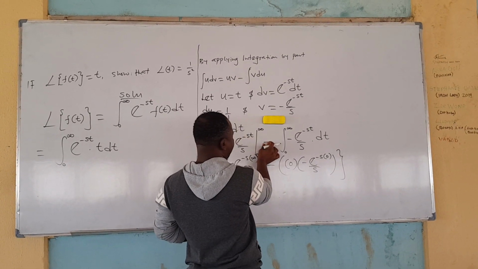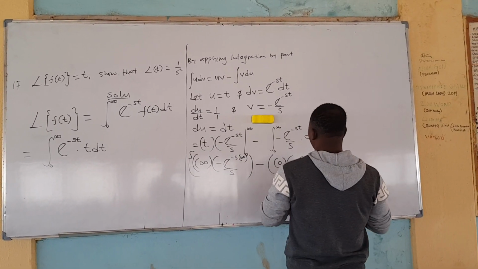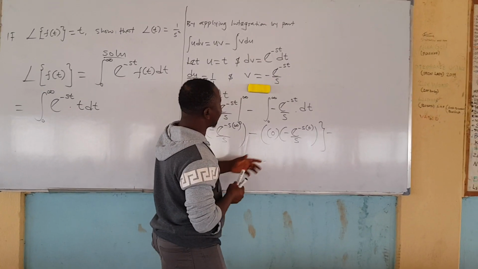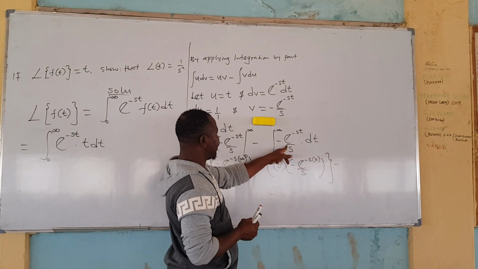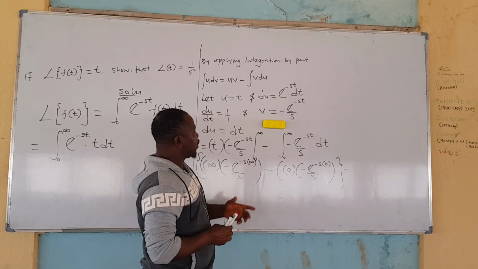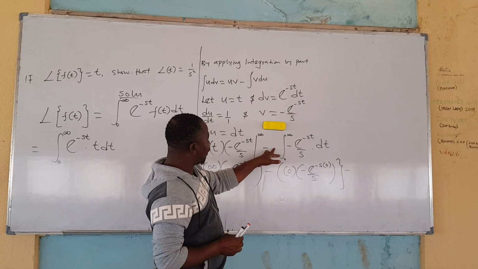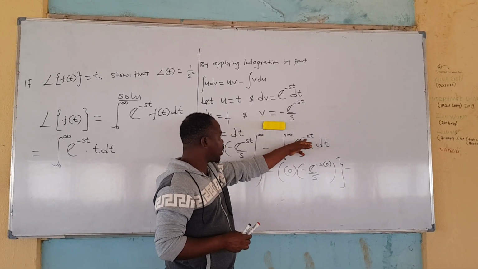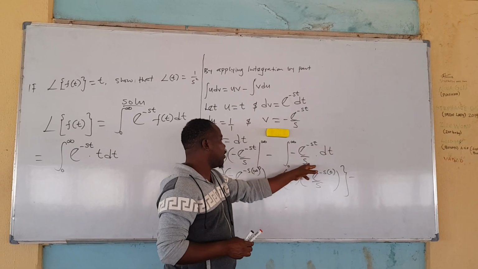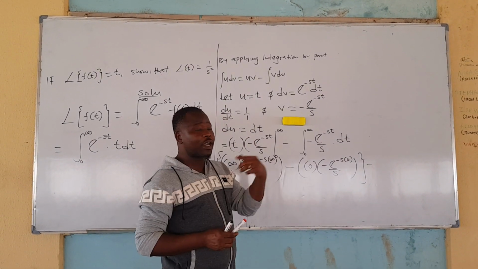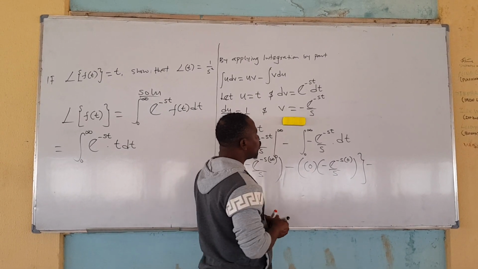Then what we have here, minus. Are you seeing what I am saying in this integral? Look at this integral. We have minus integral 0 to infinity, minus exponential minus st all over s dt.